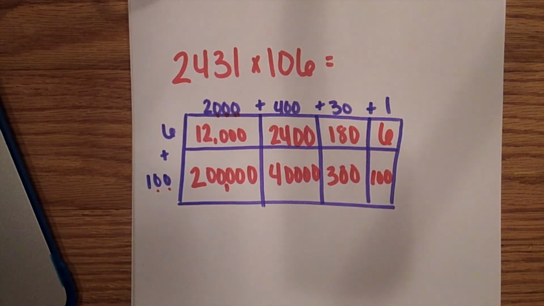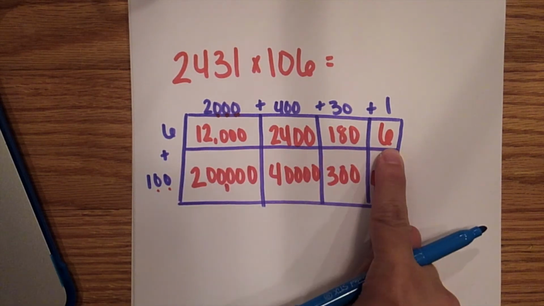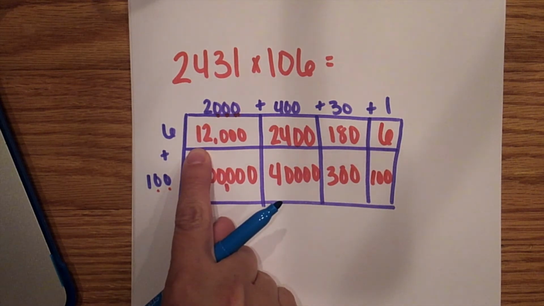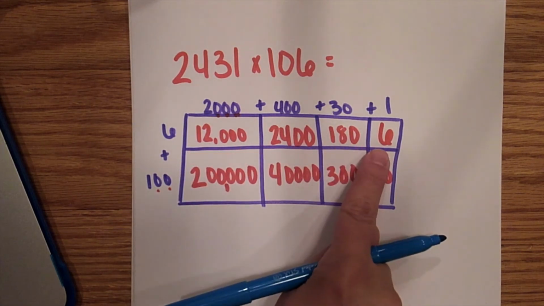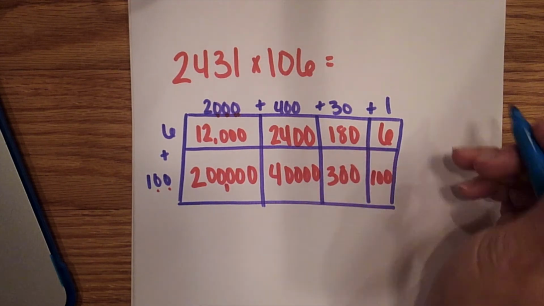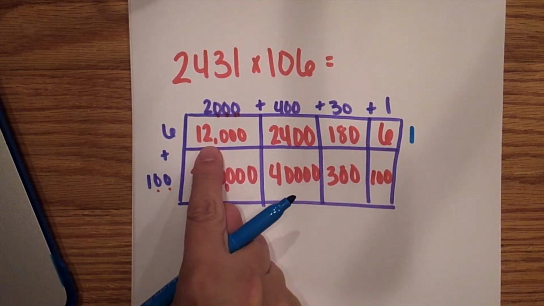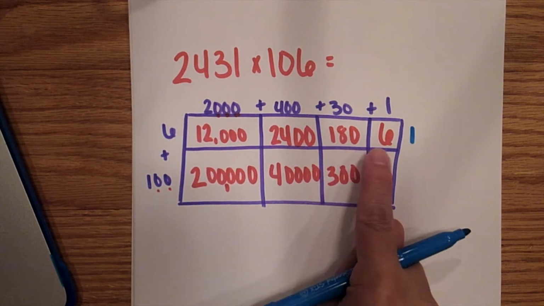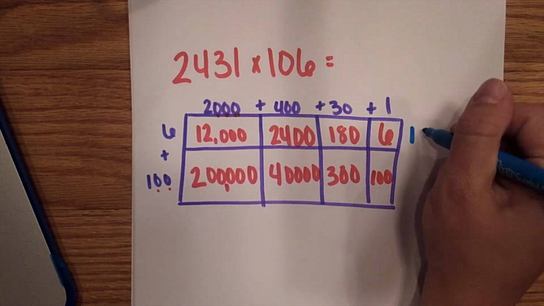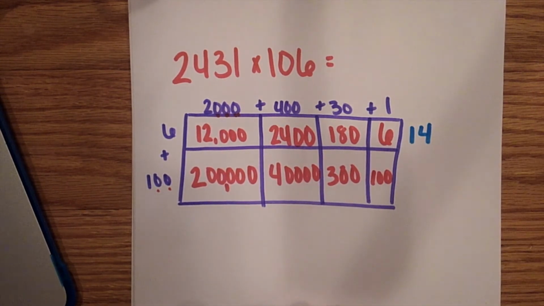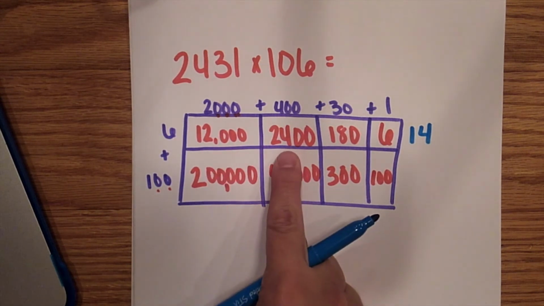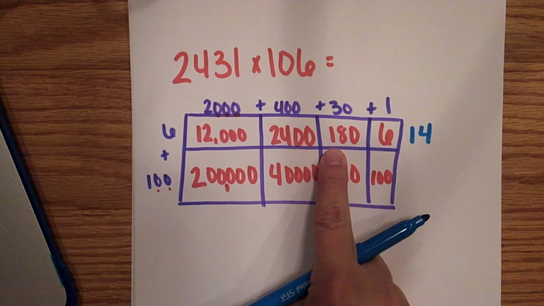All right, now that we've done that, we're going to put these numbers back together. We're going to look at just this top row right here. We have a 1 in the 10,000s place. If I look at all these numbers, there's no other 10,000s place, so I'm going to keep that 1. I have a 2 in the thousands place, a 2 in the thousands place. So 2 plus 2 is 4 in the thousands place. 0 in the hundreds, 4 in the hundreds, 1 in the hundreds.